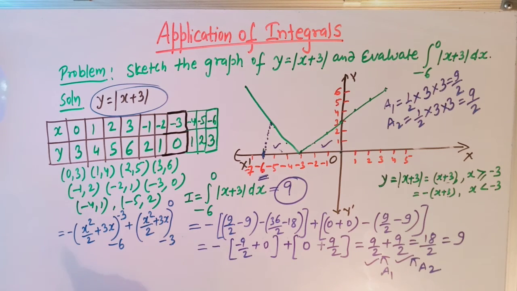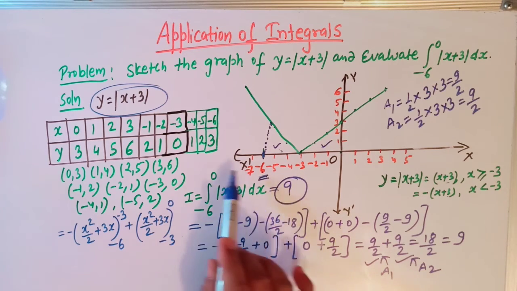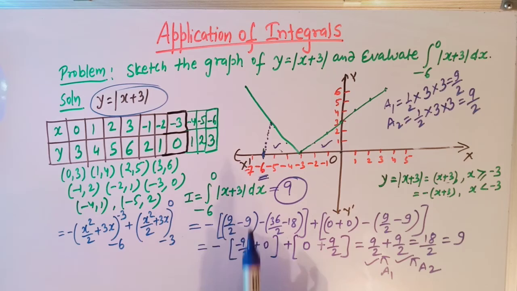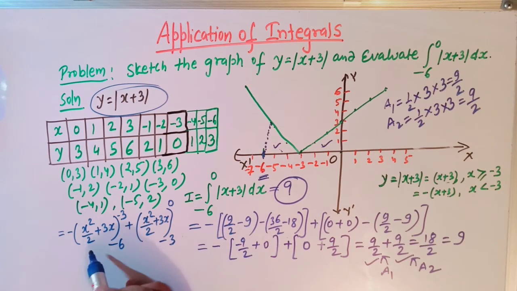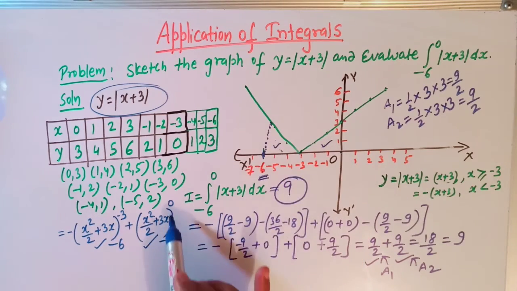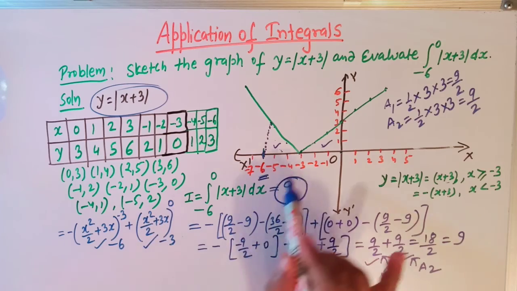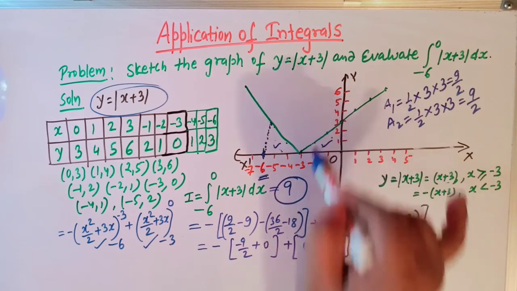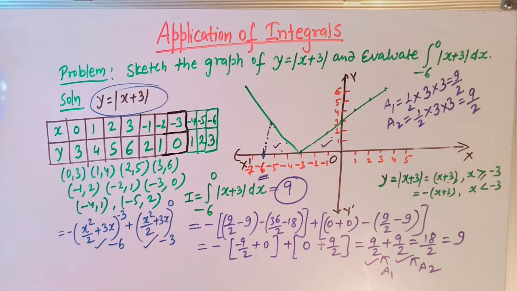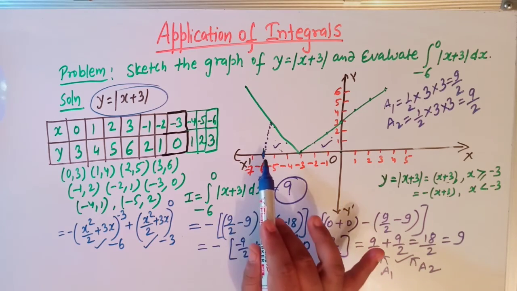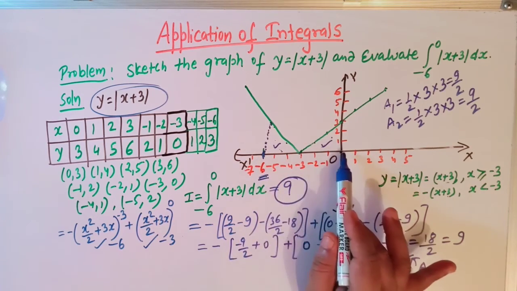So what does it mean? It means that we have broken this integral into two integrals, this integral and this integral. So this integral represents the area of this triangle, and this integral represents the area of this triangle. And when we add the areas of both the triangles, we get the total value of this integral from minus 6 to 0.